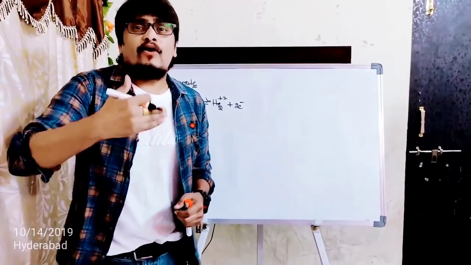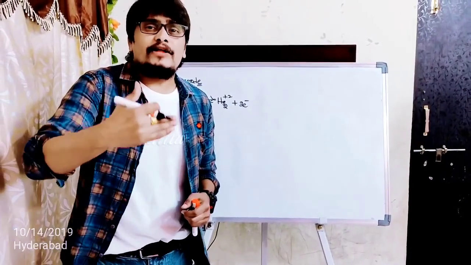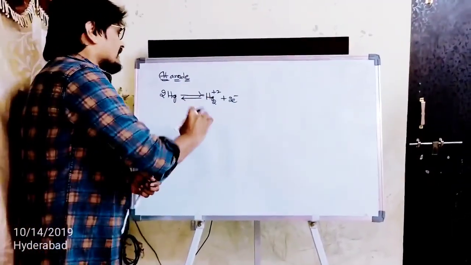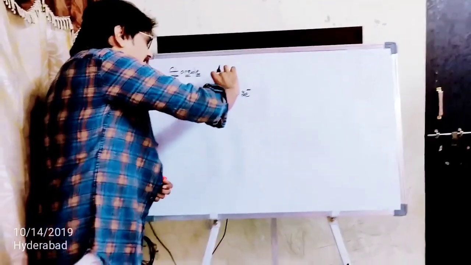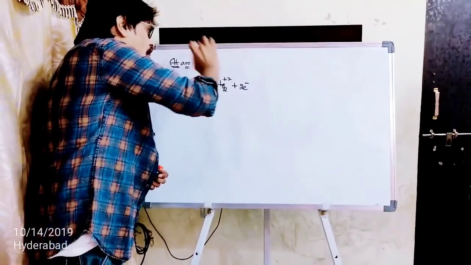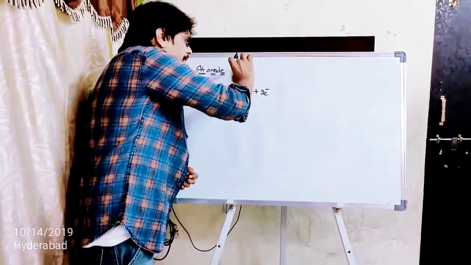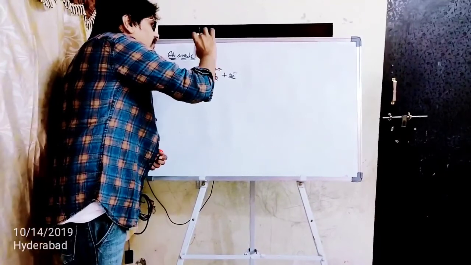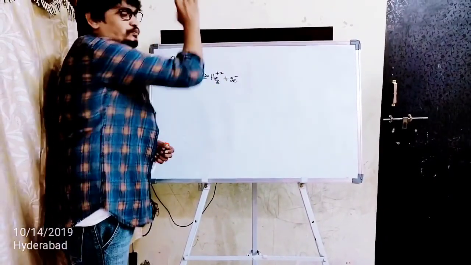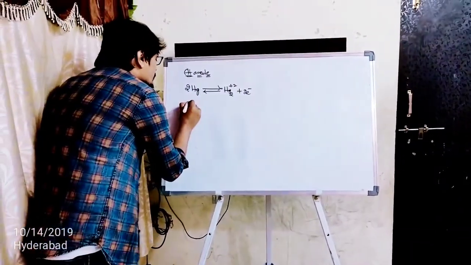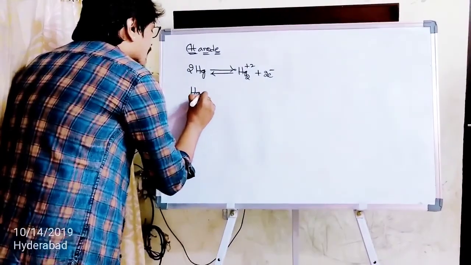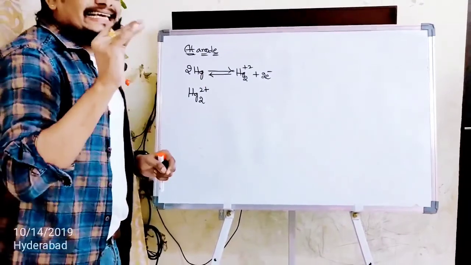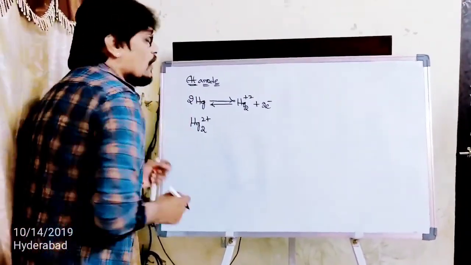The cation reacts with the anion and the anion reacts with the cation. As in the first step the cation has been formed, the next step is the stabilization of this particular cation, that is Hg2 2+. By its charge, it is amply clear that it is a cation.